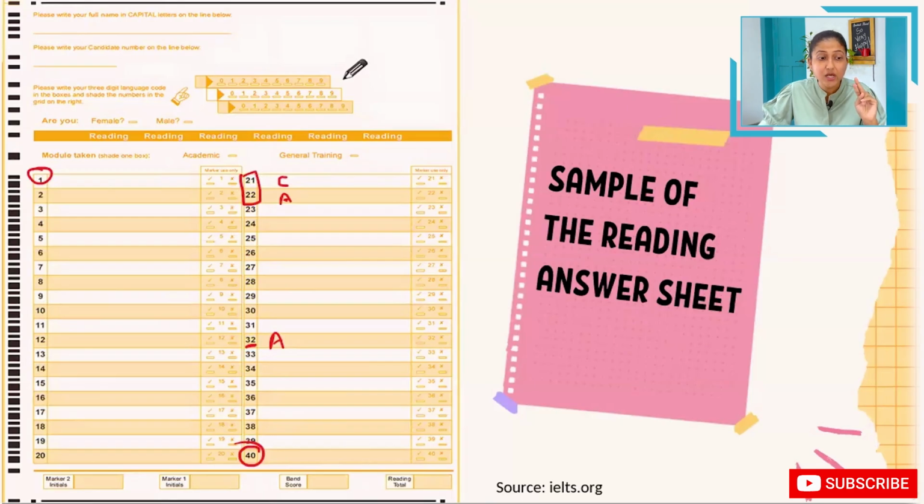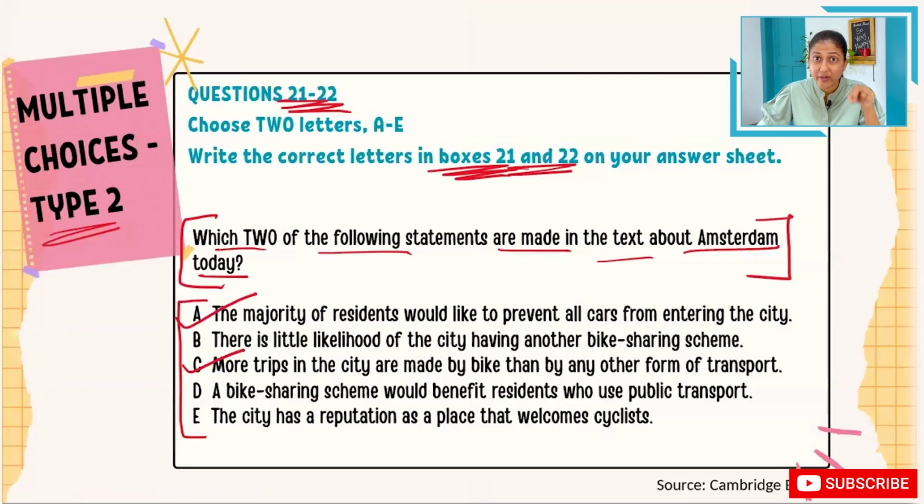Which two questions? Question 21 and 22 in this particular example. So whenever you're solving multiple choice questions type 2, that means out of one single list you have to find more than one correct answers, in that case, the sequence of the answers would not matter.